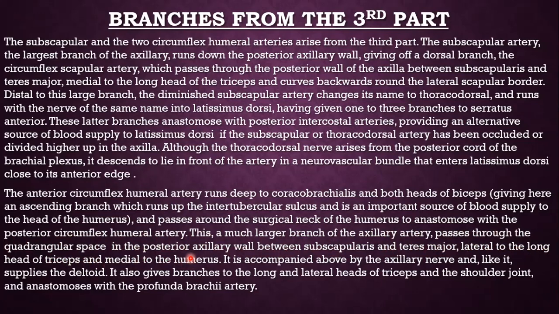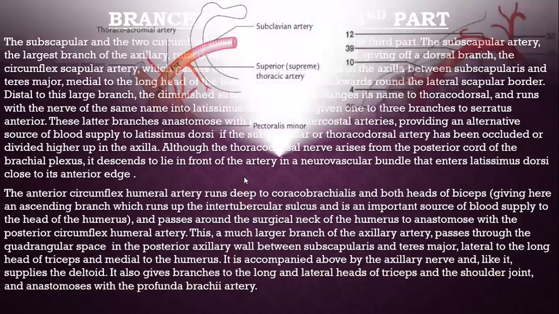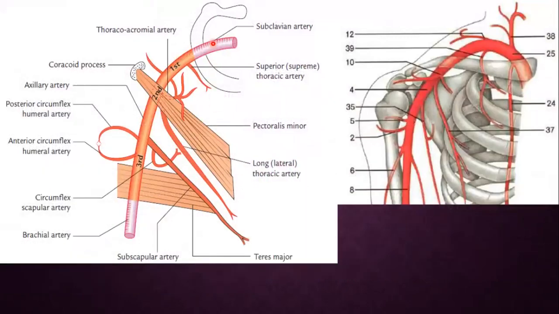Then it is usually accompanied by the axillary nerve, and it supplies the deltoid muscle and gives branches to the long and the lateral heads of triceps, and also supplies the shoulder joint before anastomosing with the profunda brachii artery. Okay, that is the story.